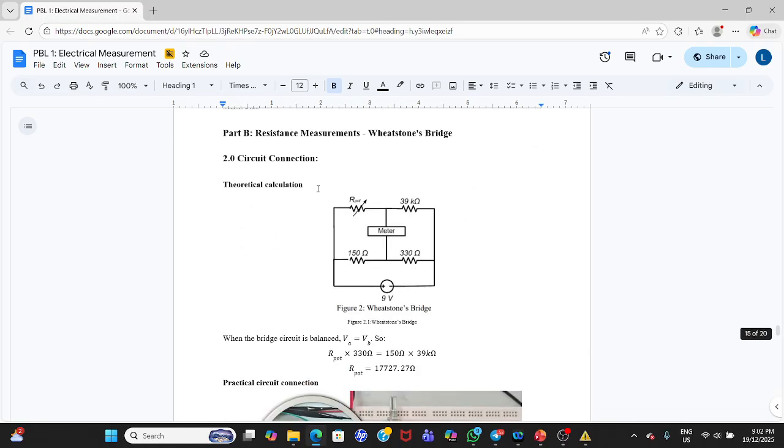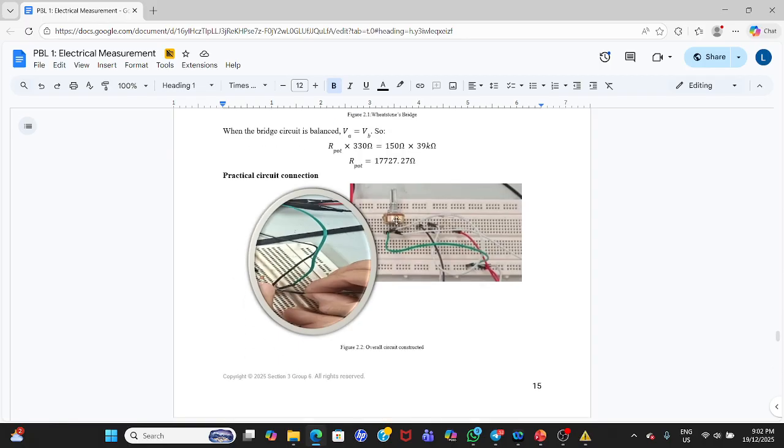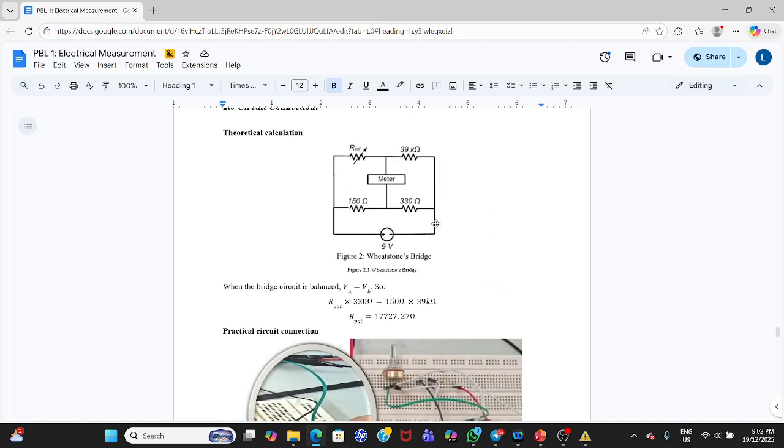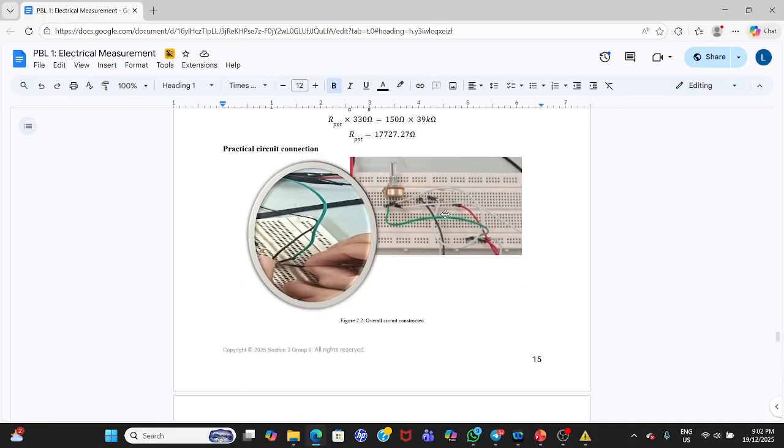And for the second experiment, we insert the potentiometer, this one, and we connect the resistor like just now.